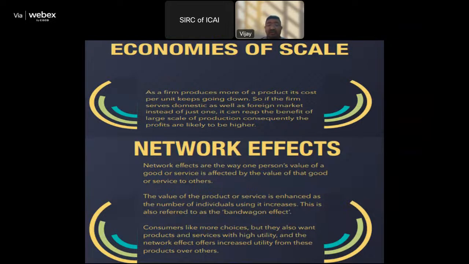Since all are using that good, I also need to buy that good. So the number of users increases, the number of consumers for that good increases, then that will be called the network effect. When there is a high utility, then the network effect will be there.